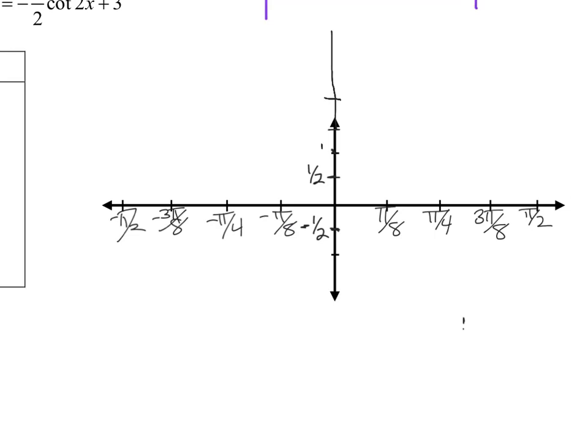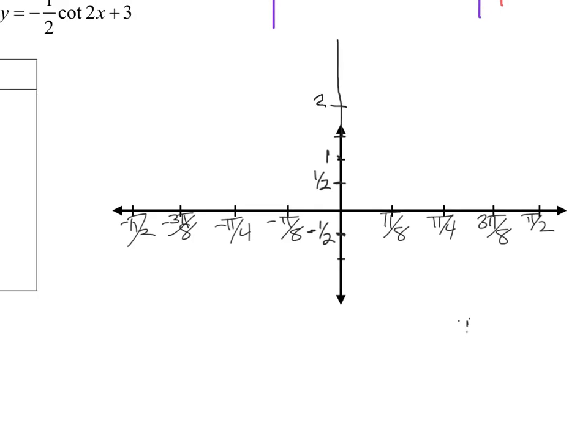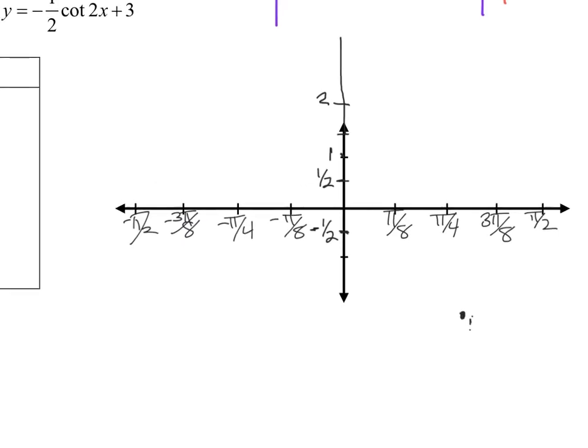So if this is 1, this is 2. That's going to be 3, and I'm going to end up shifting all the way up to 3.5. So recognize that you have to make it pretty darn small when you're stuck. There we go. Okay.